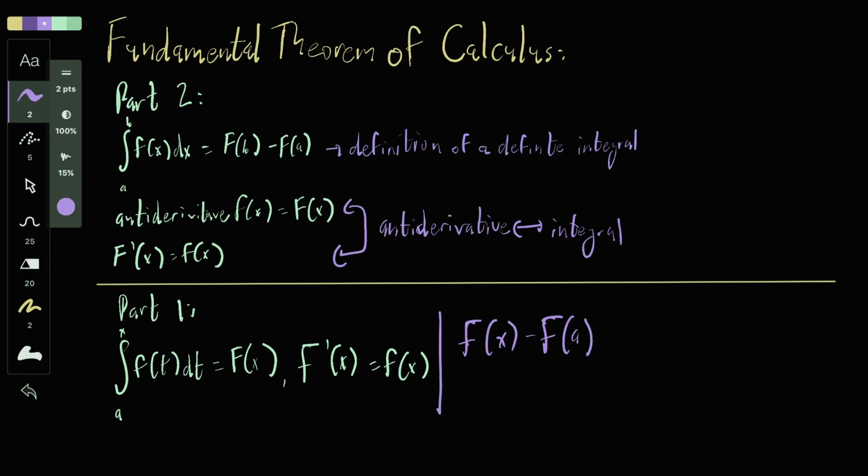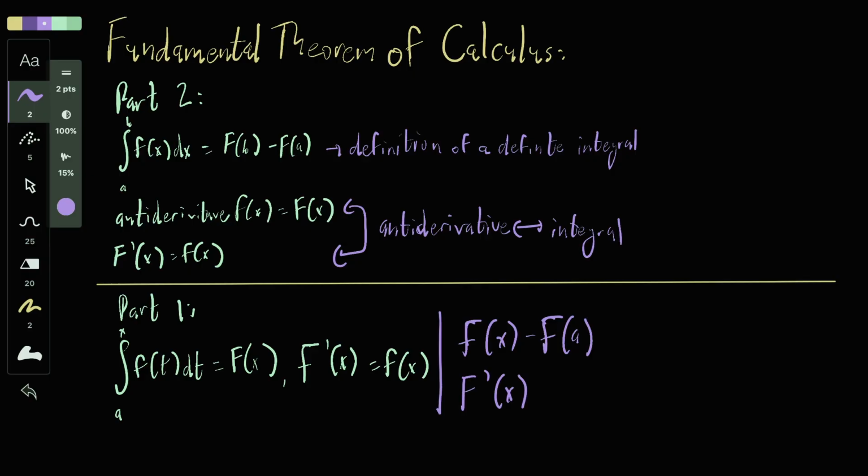Now, a is a constant. A and b are always constants when we cover these types of definitions. So, since F of a is a constant, if we take the derivative of this, we get F dash of x, and we don't get anything else.